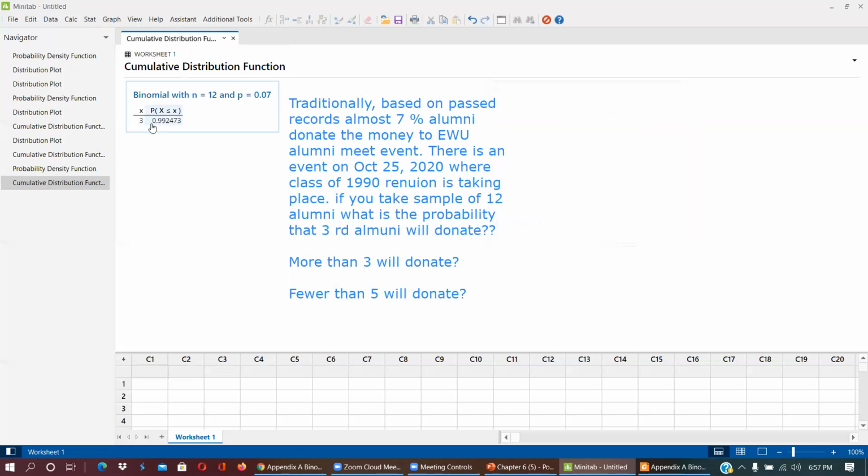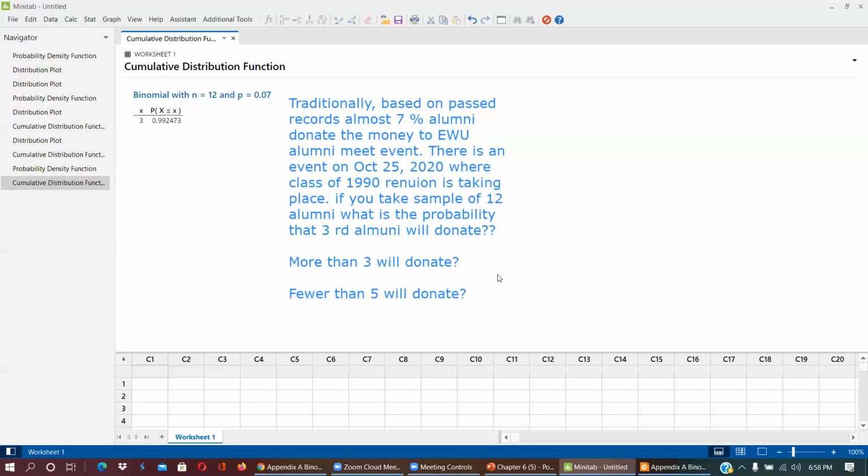Up to 3 is 99.24 percent, so more than 3 people donating out of 12 is less than 1%, approximately 0.75%. That makes sense, because only 7% of alumni donate.